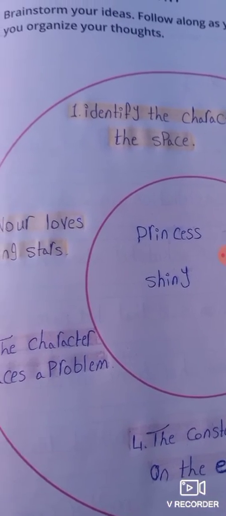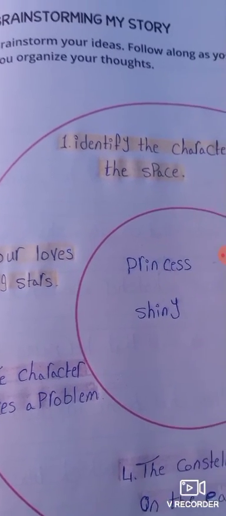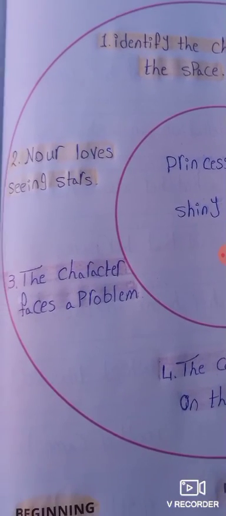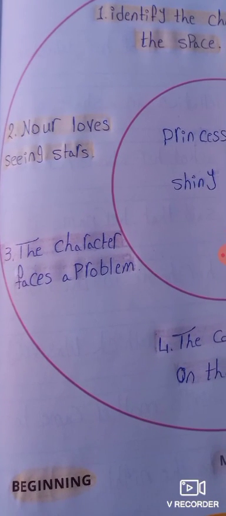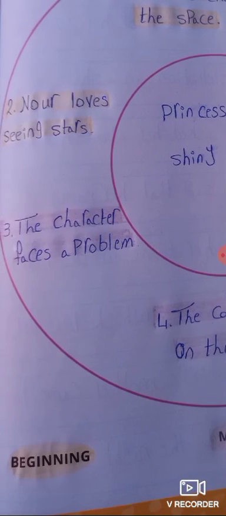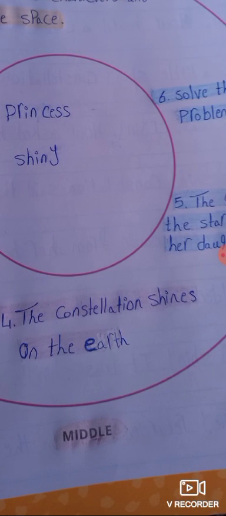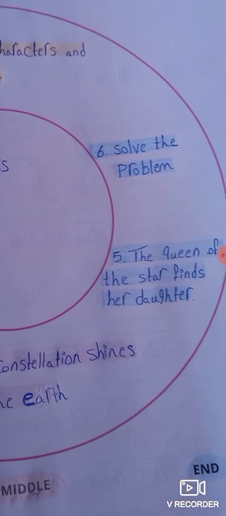So we color number one and number two in yellow because it's the beginning of the story. The character faces a problem here, and the constellation shines on the earth. They are the problem, so we color the problem in pink.